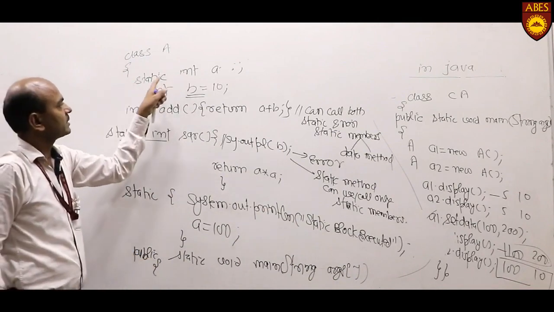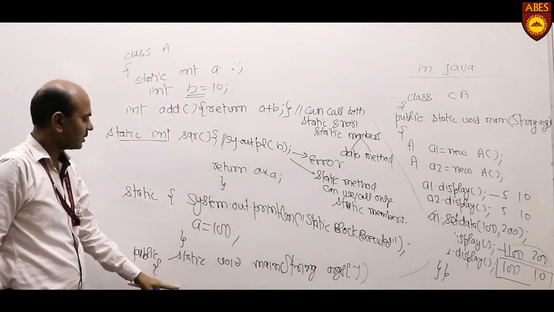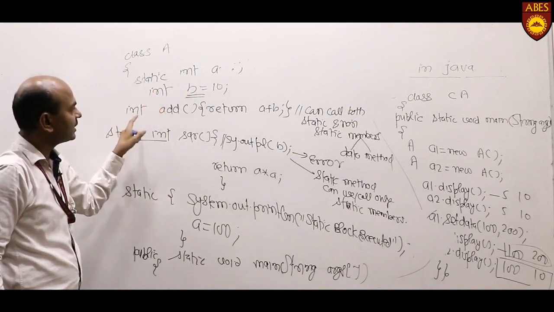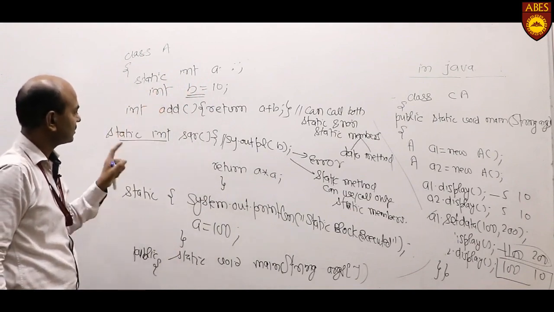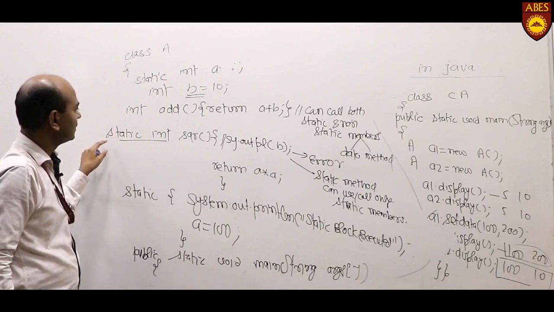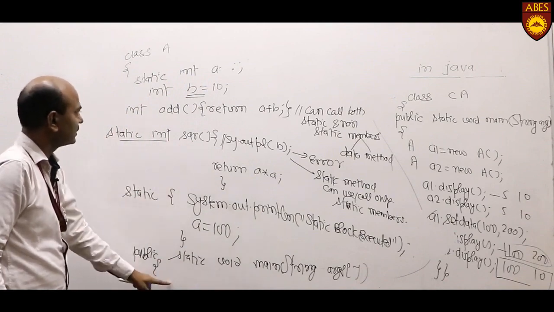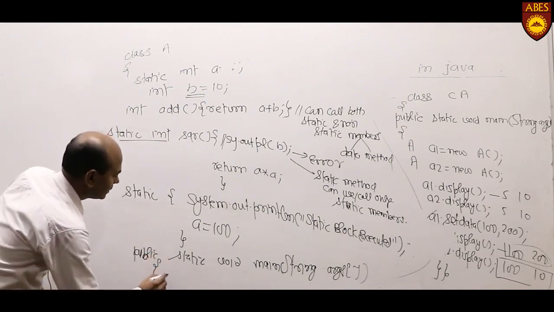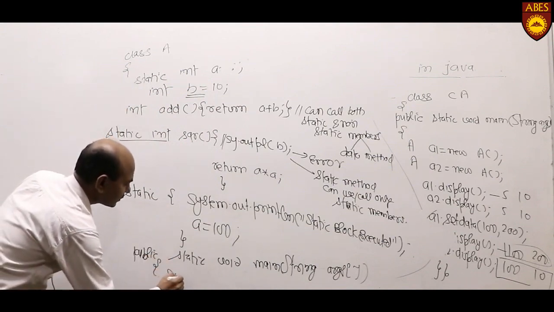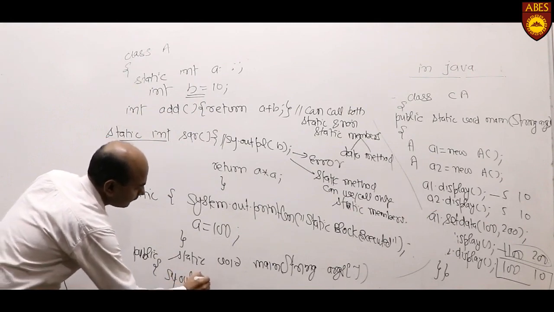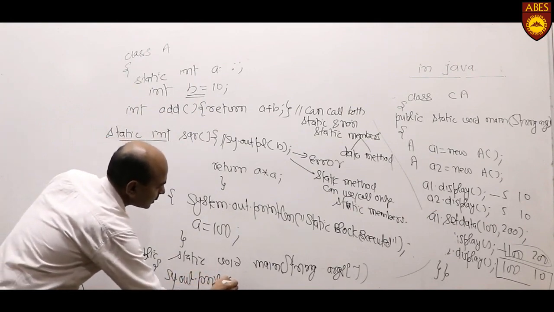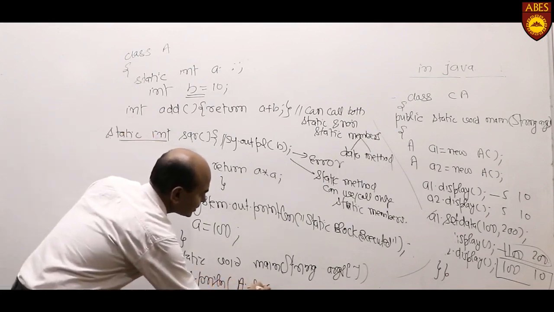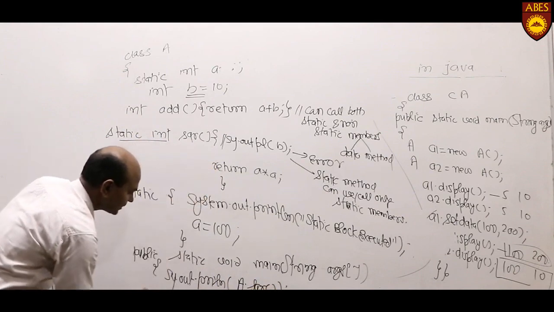This a is static, so it can be called; b cannot be called because it is non-static; add cannot be called inside this because it is non-static; and square can be called inside this. So I can simply call System.out.println of a.sqr. There is no need to create the object at this time.